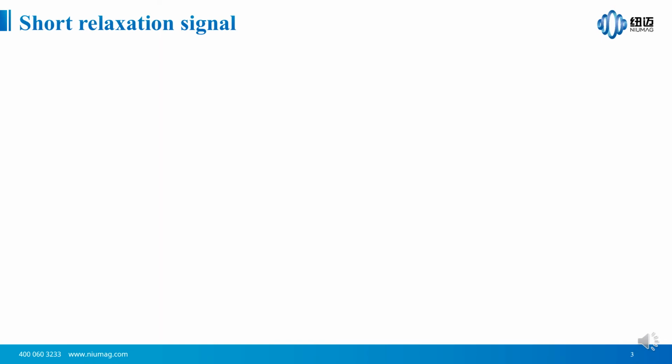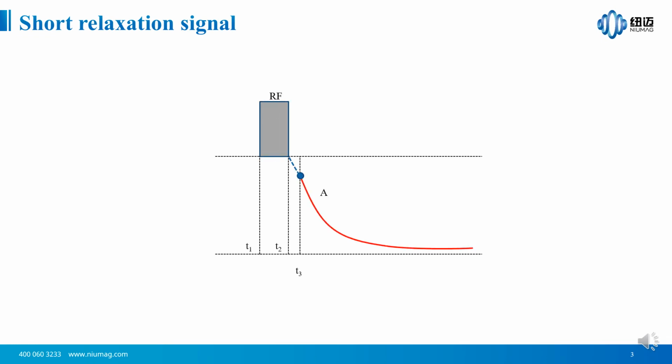Let's look at the effect of instrument dead time on the acquisition of short relaxation sample signals. Due to the dead time of the instrument, the initial signal acquisition starts from T3. For sample A, the part of the signal between T2 and T3 is lost.